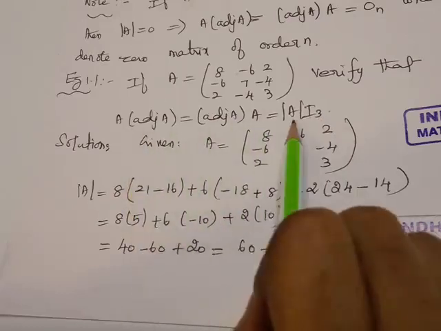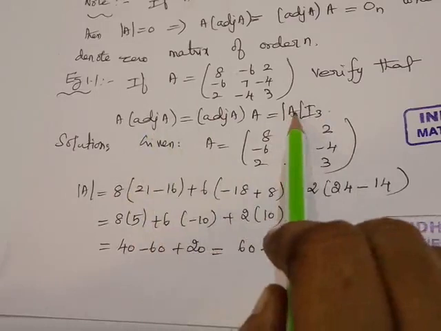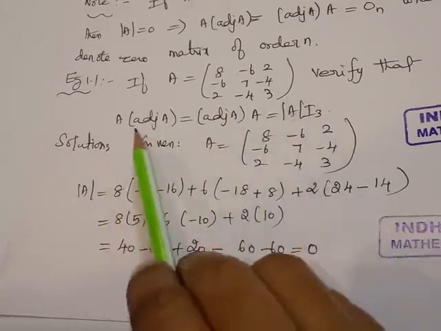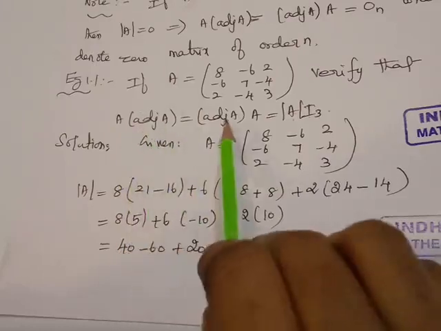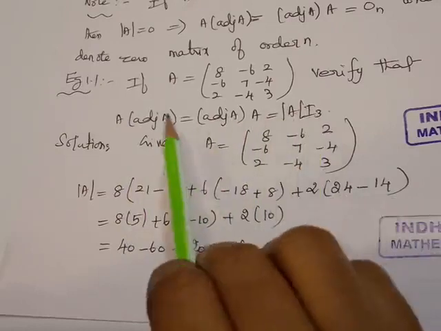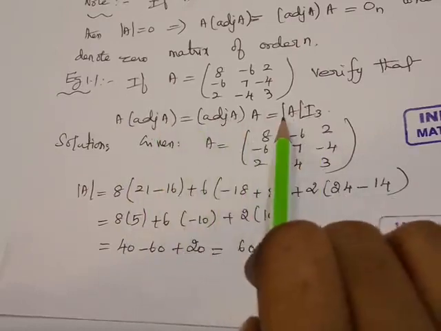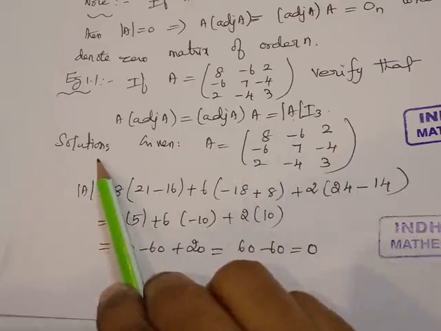For proving this, we want to find adjoint A and determinant A. Then we do the calculation part one by one, multiplying these two, multiplying these two. We want these three values to be equal. So I'm going to start with the solution.